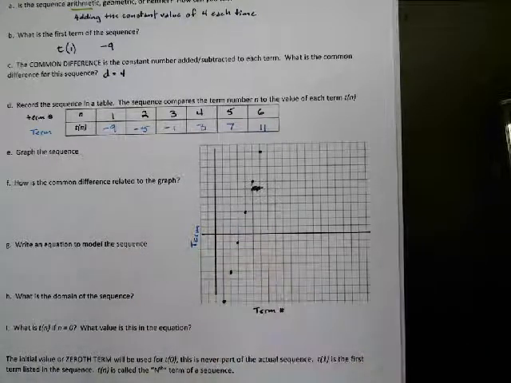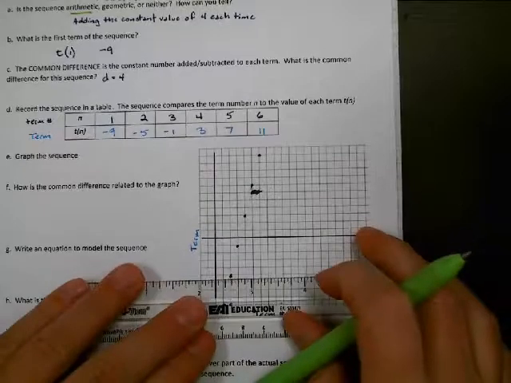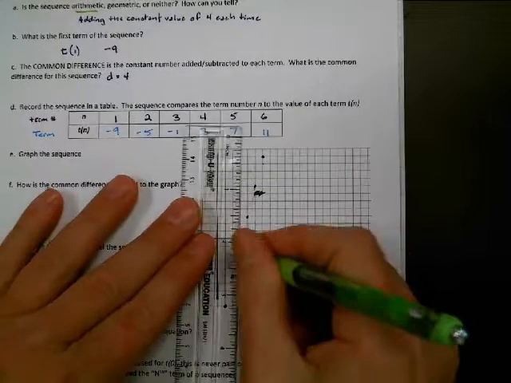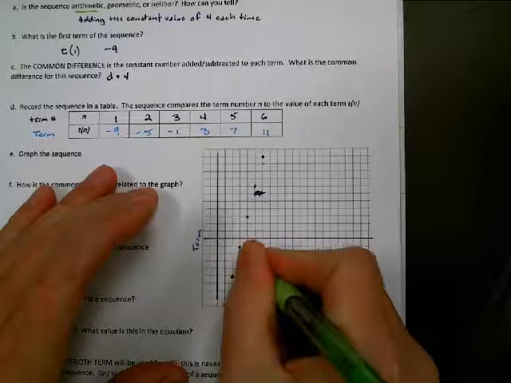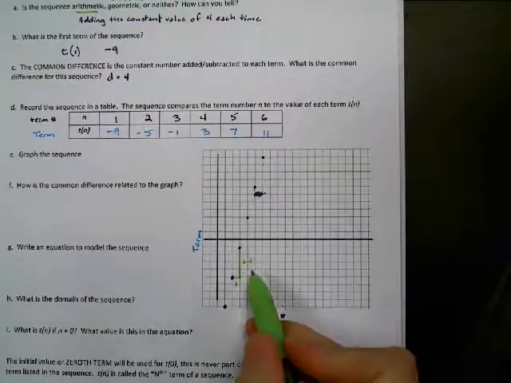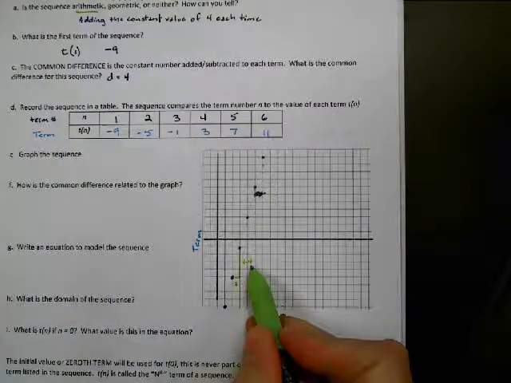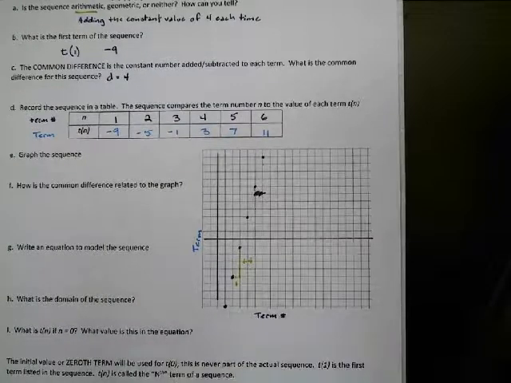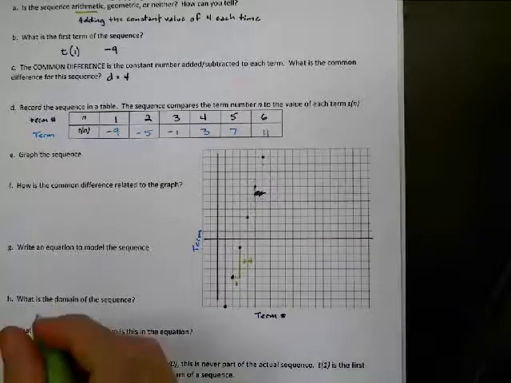So if I do a slope triangle between these, I'm increasing by 4 as the term number goes up by 1. So the term's value increases by 4 every time the term number increases by 1. So the common difference is the slope of the graph.